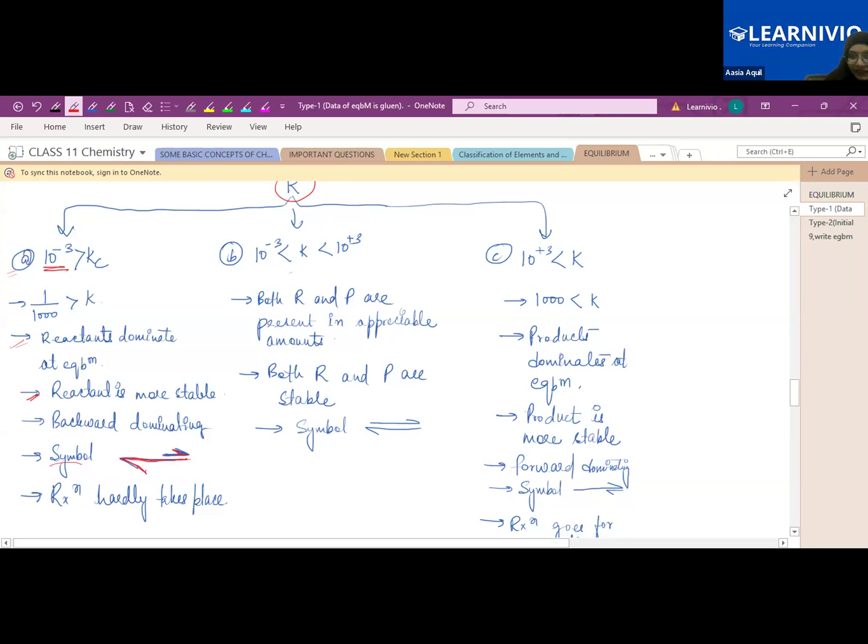At equilibrium, the backward direction dominates, meaning the reactants dominate over the product. In this case, always remember, the reactant will be more stable, and this type of reaction hardly takes place. So this is the first case.